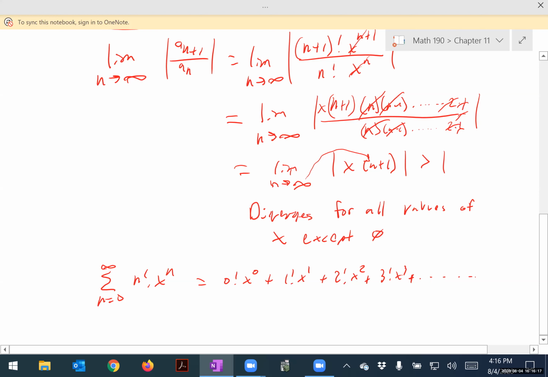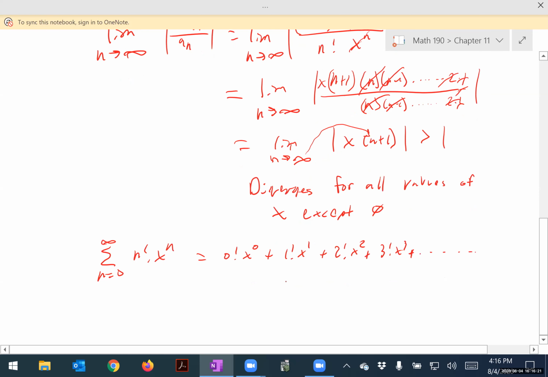Okay, and so this thing would just be 1 plus x plus 2x squared plus 6x cubed plus 24x to the fourth plus forever, right?